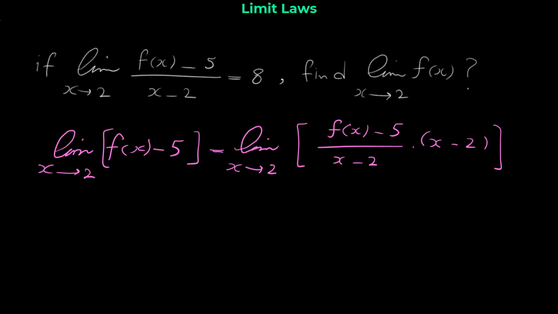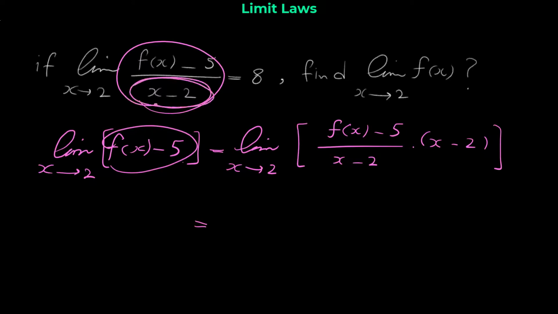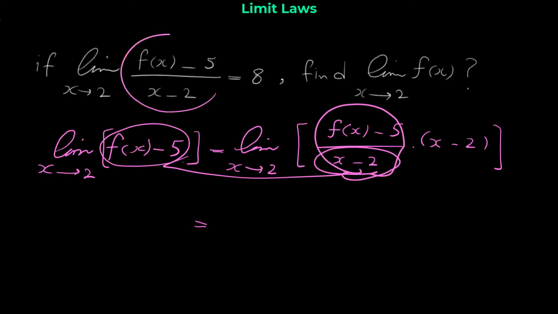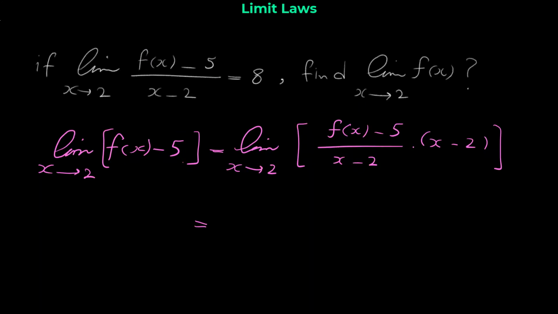Maybe it's a bit odd for you why I wrote it this way. Because I want to relate this limit to the given limit. The difference between this expression and the given one is that this one has a denominator. So I divided this by x minus 2 to make it like this, and because I divided by x minus 2, I multiplied it also by x minus 2. Now I have this expression. So this limit is equal to this limit. There's no difference between these two.